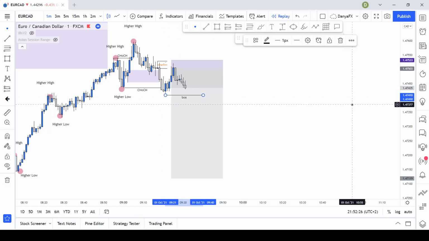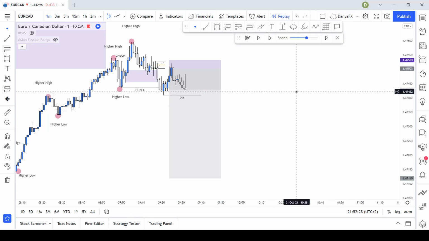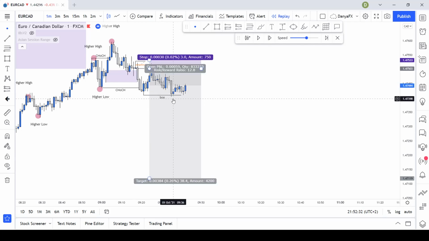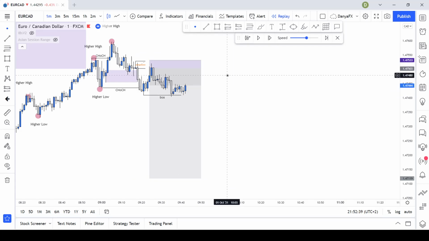So now let's play the price forward. As you can see, we wicked it. There is no candle closure below just yet. So up to this point, I'm still not moving my stop loss, neither to break even nor above this high.